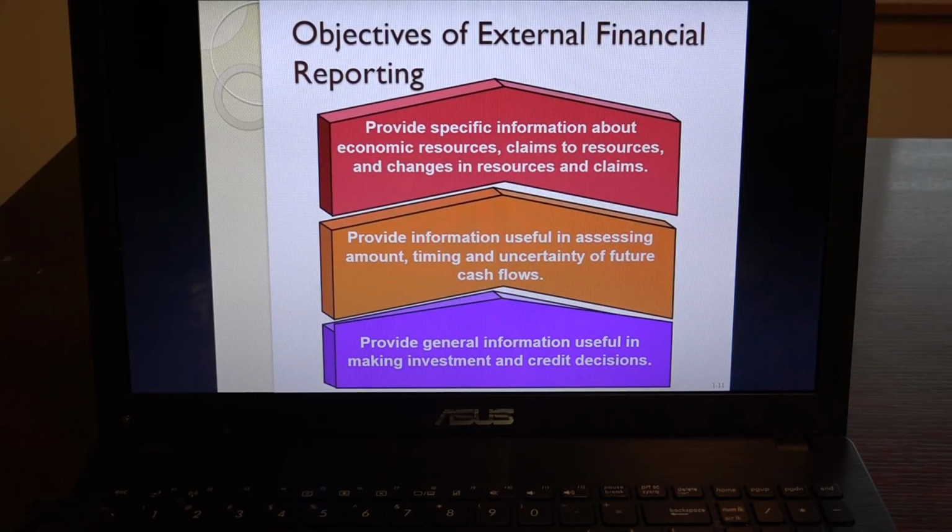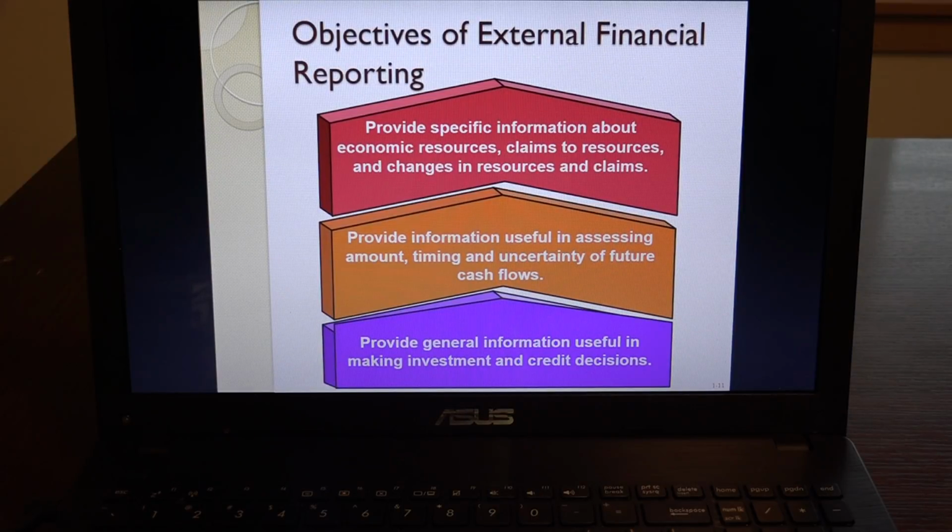Some are from outsiders, creditors, etc., suppliers. And then what's left over, the residual, is claims of the owners. And then you have your changes in resources and claims. That's really getting down to your changes in cash flows and things like that.